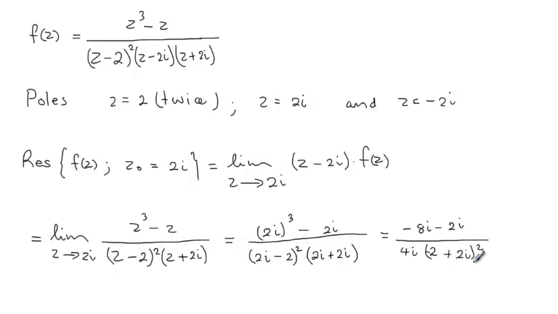So all we're left with here is simplifying this by removing brackets and simplifying the numerator, where the numerator gives us −10i all over 4i.